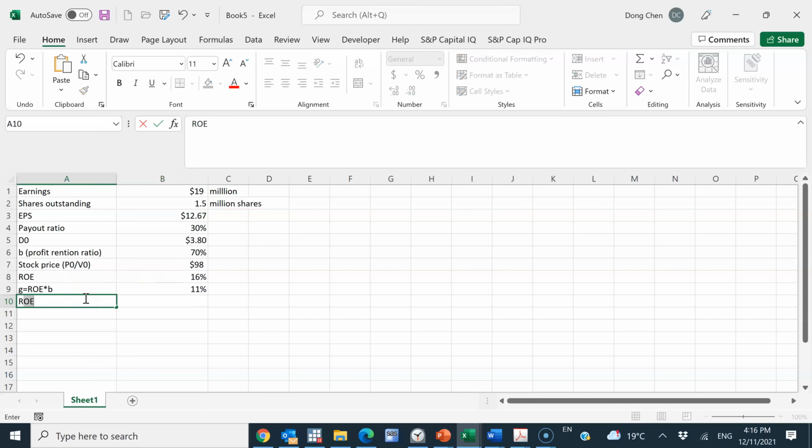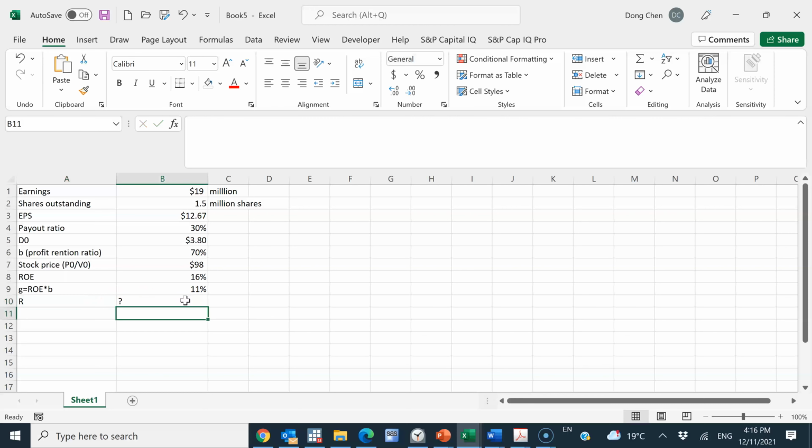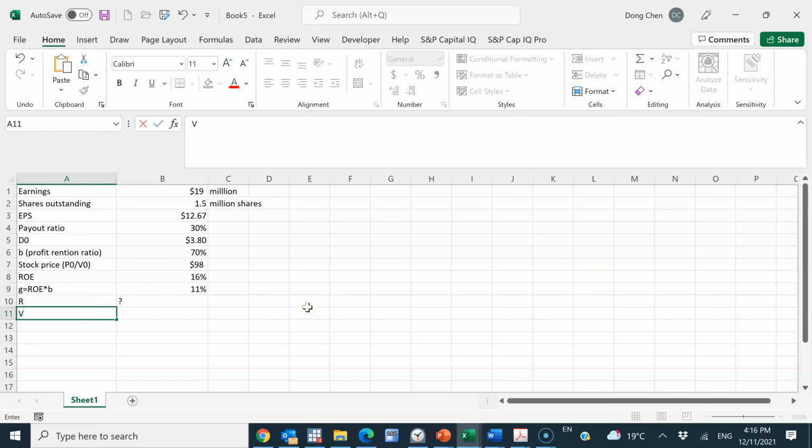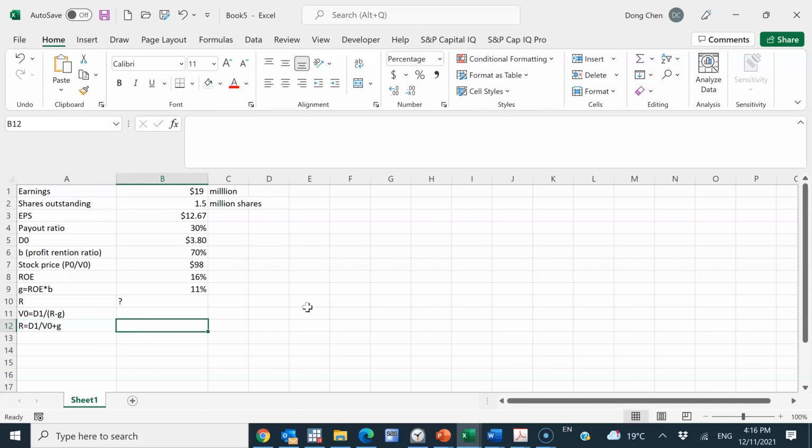And then how can we link the other information together in order to calculate this required rate of return, right? That's what the question is asking. So basically, this goes back to the formula for P or V, right? V0 equals D1 divided by R minus small g. And from that, we can solve out R equals D1 divided by V0 plus g.